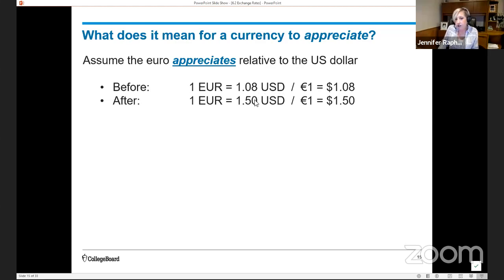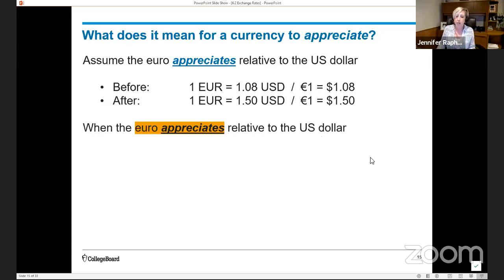And since the number in front of USD is going up, kids so often want to say that the dollar is appreciating, but it's not, right? It means that it used to cost $1.08 to buy a euro. Now that same 1 euro costs $1.50. So the euro has gotten more expensive. Okay, so that's how you need to read these foreign exchange rates.